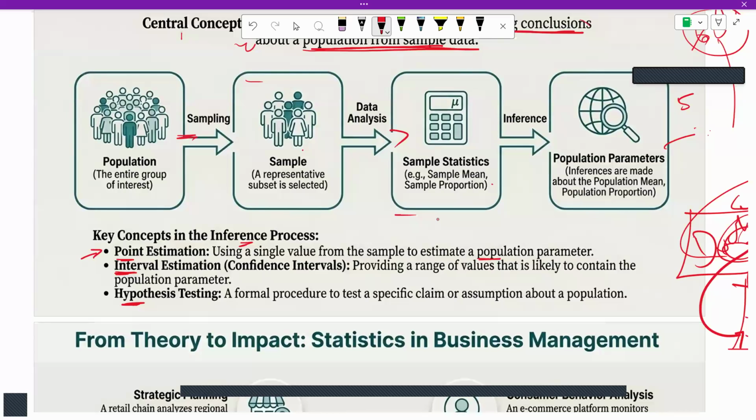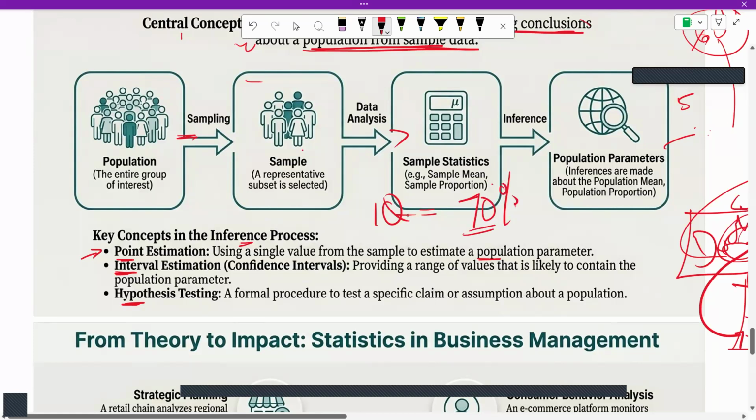Someone, randomly, can you tell me? If I do an IQ test, how many marks you may get? What's your score? Someone could say 70. Right? He tells only one point. So this is called point estimation.